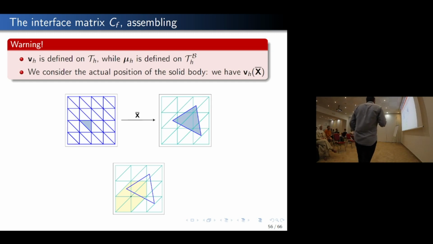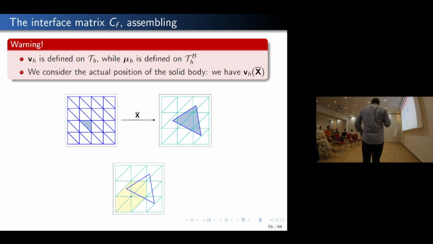If we see the mapped counterpart of this element, we have this situation where the mapped element is immersed in a portion of the fluid fixed mesh. We have to integrate here, combining basis functions defined in this part with basis functions defined here on this cyan mesh, taking into account the position of the mapped solid with respect to the fluid mesh.